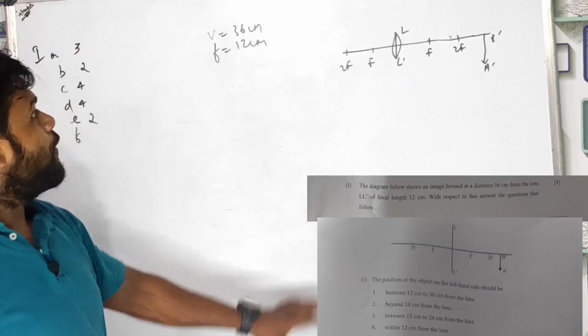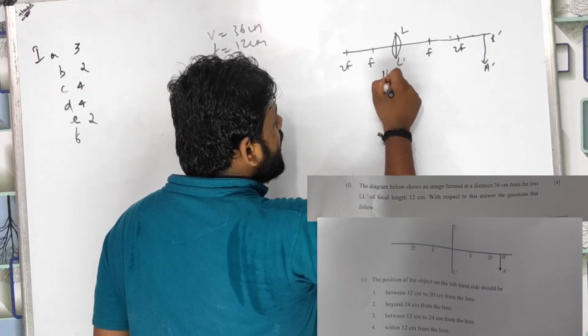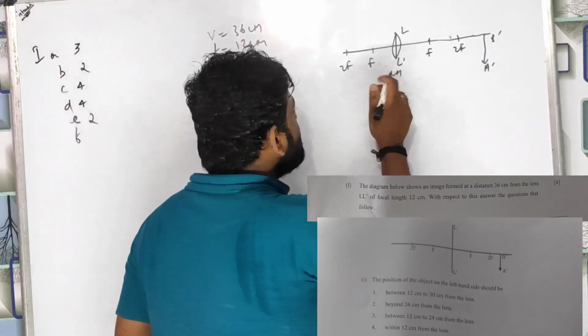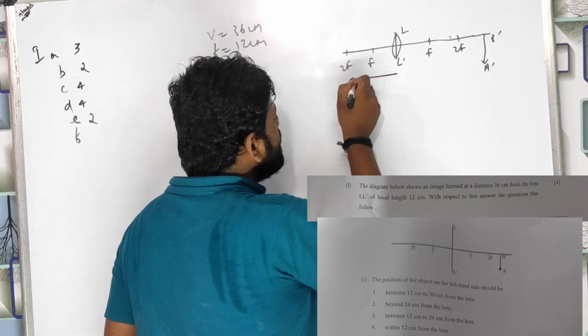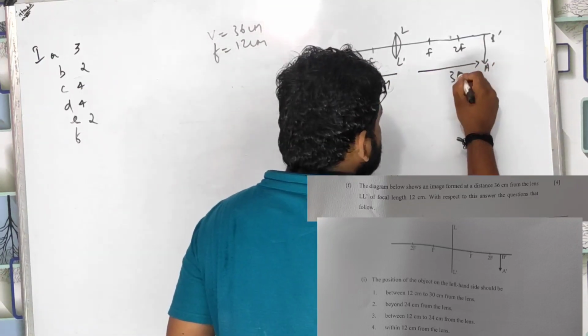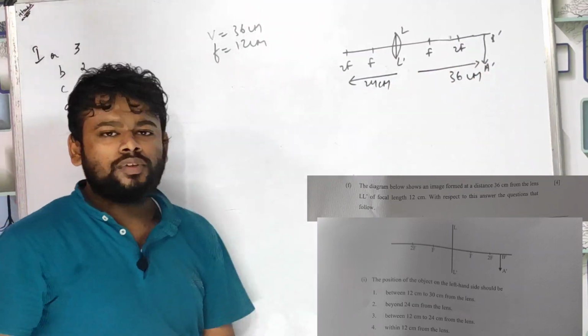What is the focal length? The focal length is 12 centimeter, here. If I take 2F, that means 2 into 12, 24 centimeter. Total from here to here is 24 centimeter, and from here to here is 36 centimeter. Image distance is 36 centimeter and here it is 24 centimeter.